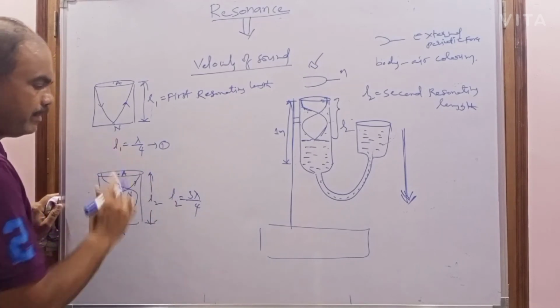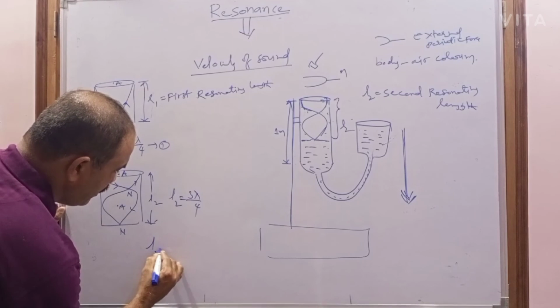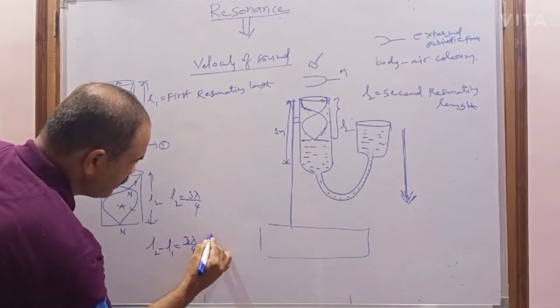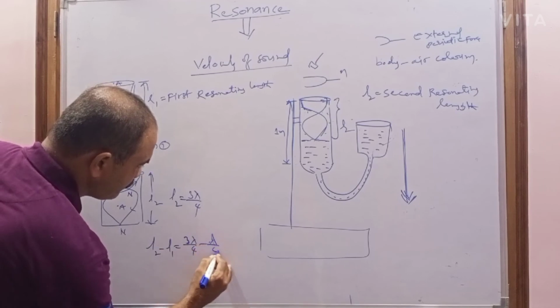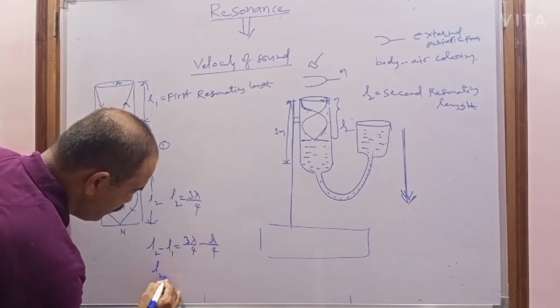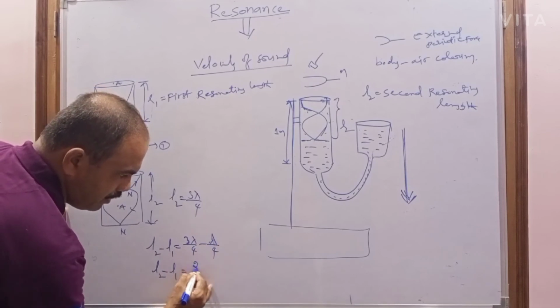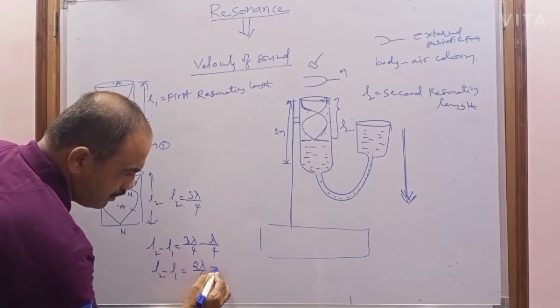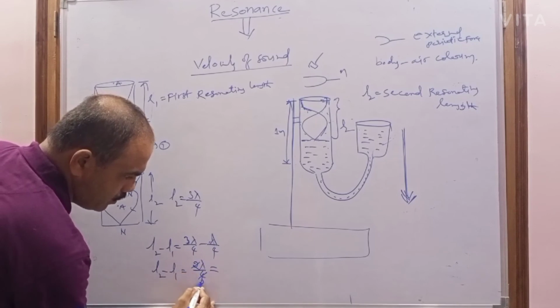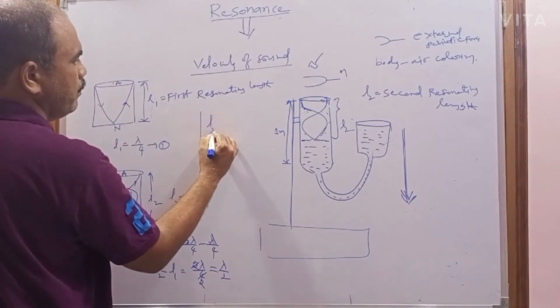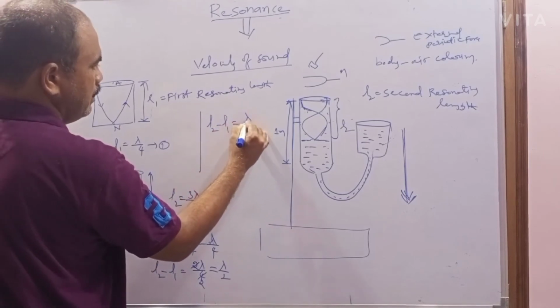When I subtract, L2 minus L1 equals 3 lambda by 4 minus lambda by 4, which is 2 lambda by 4, that is lambda by 2. So L2 minus L1 equals lambda by 2.